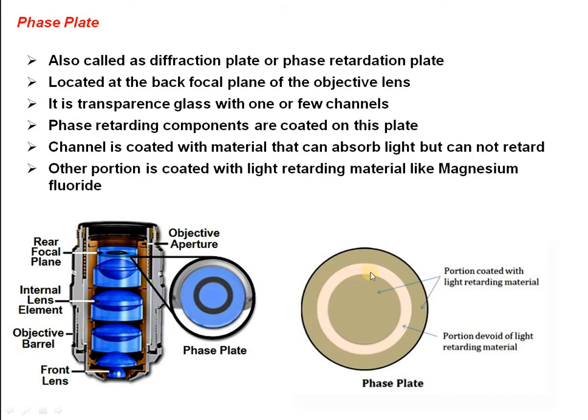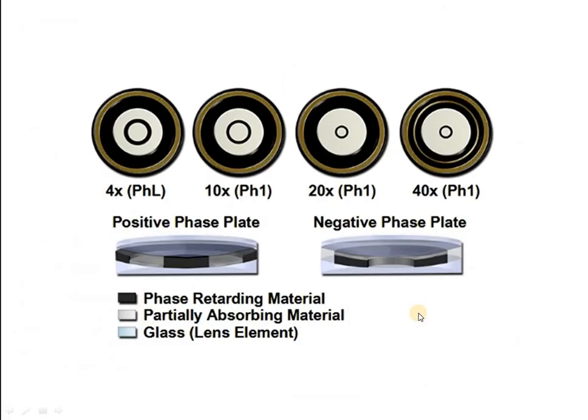It is responsible for creating the hollow or narrow band of light. The transparent portion is made up of glass, and in these regions retarding materials like magnesium fluoride are used as the light retarding material.